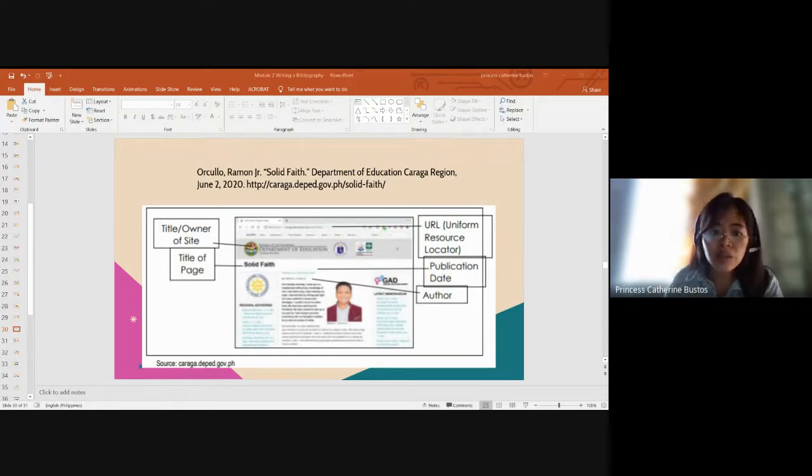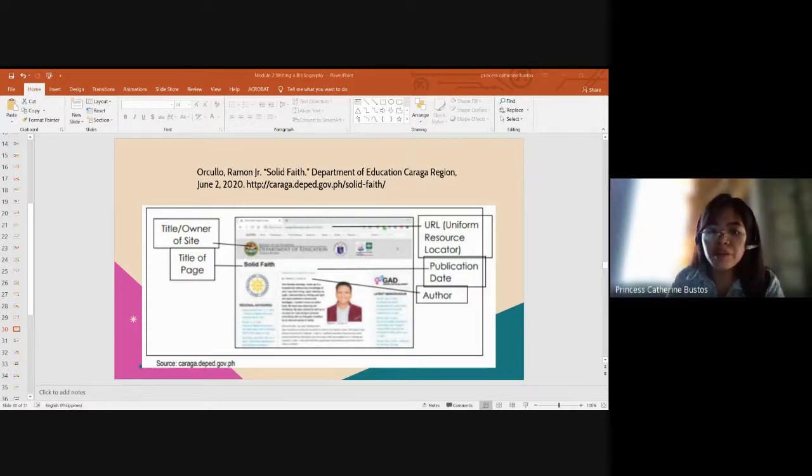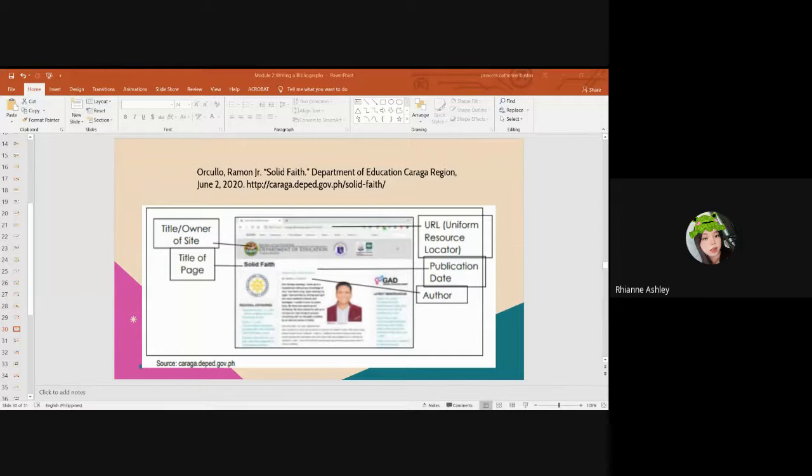Now, let's start with the title of the page. What is the title of your page? Solid Faith. Very good. Do we have a publication date? What is it?